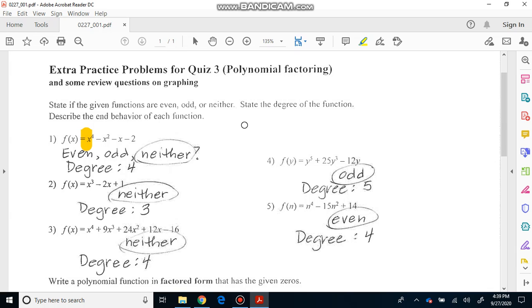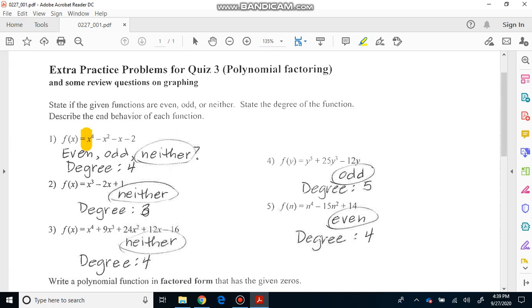Go back to that video I just posted on end behavior and look up smiley face, and you see that as x goes to infinity, f of x goes to infinity. As x goes to negative infinity, f of x goes to positive infinity, right? So once you know that it's an even degree and a positive leading coefficient, you can just look it up on that chart and see what the end behavior looks like.